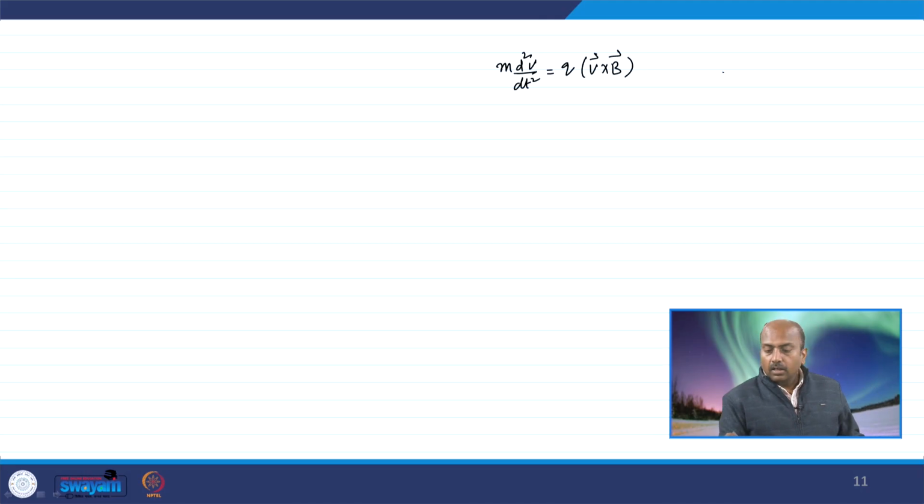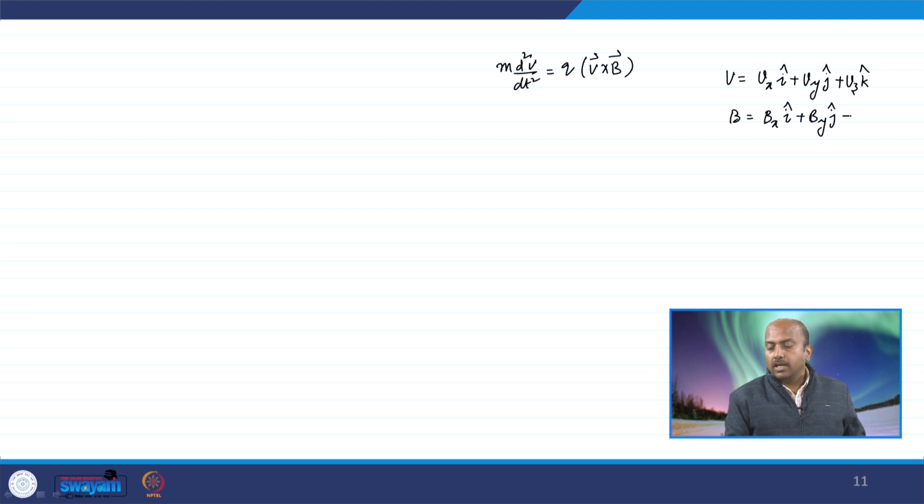So, we have to see the same equation: m d²v/dt² is q times v cross B. So, you can take v as vx i cap plus vy j cap plus vz k cap, and B as Bx i cap plus By j cap plus Bz k cap. The vectors are written in the form of their components.